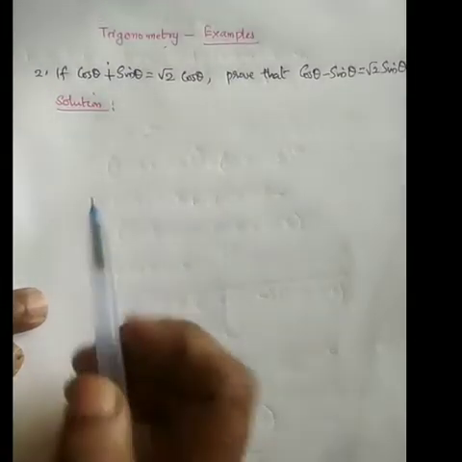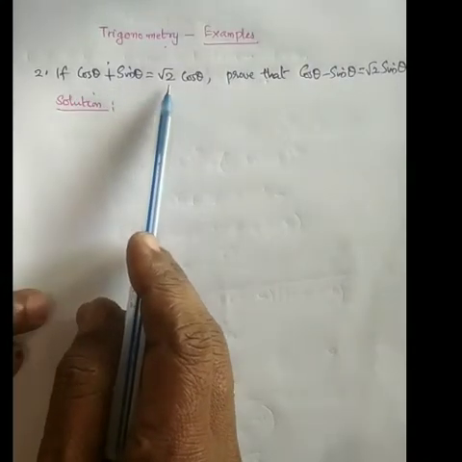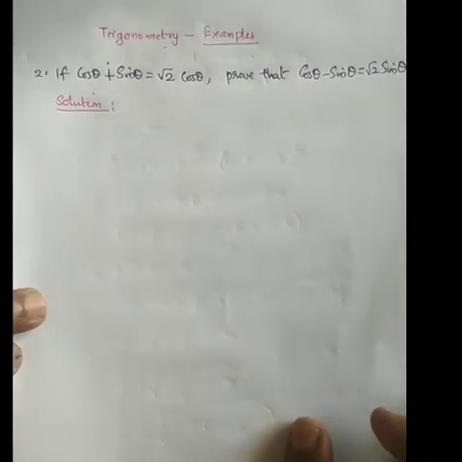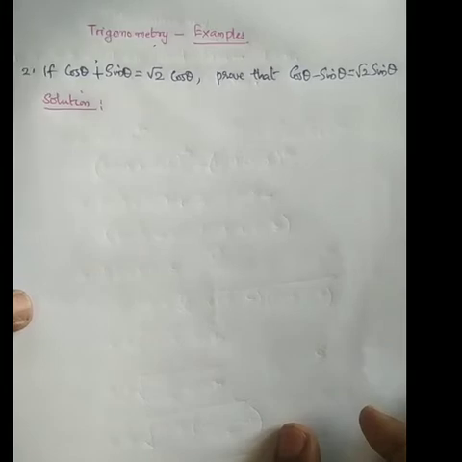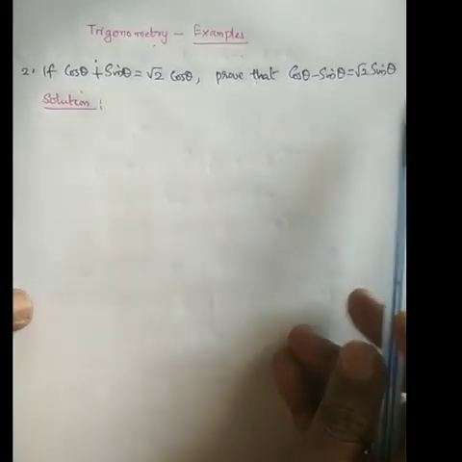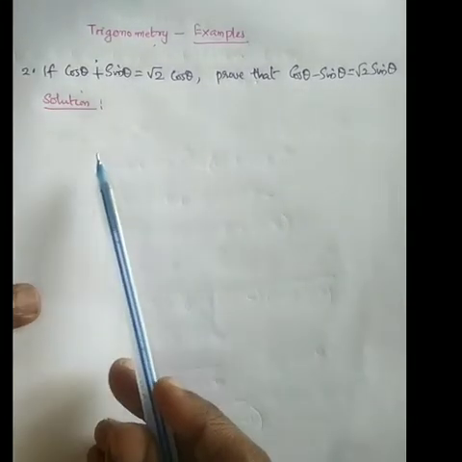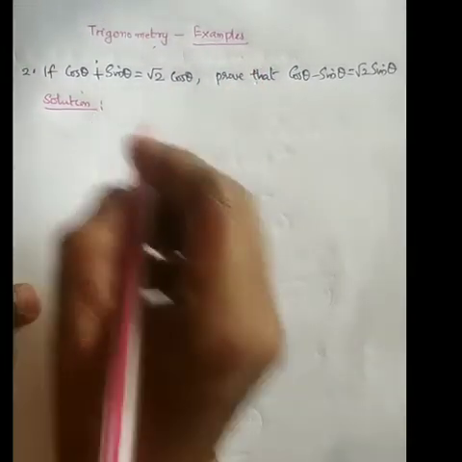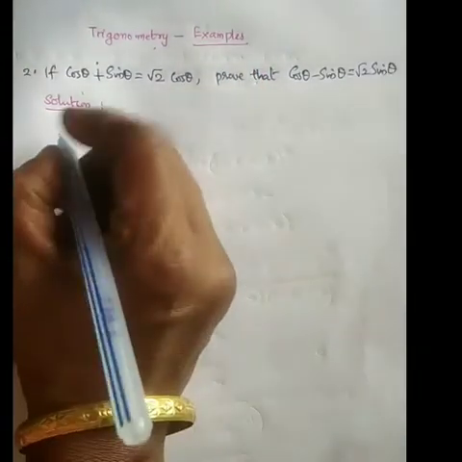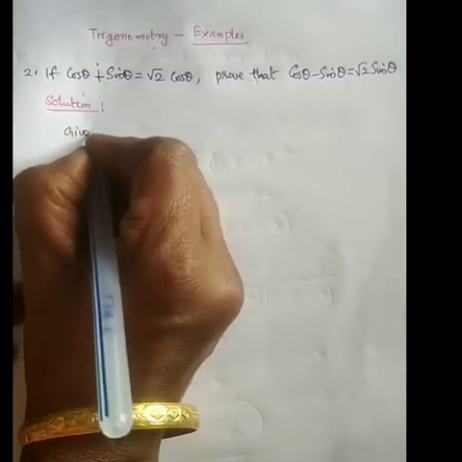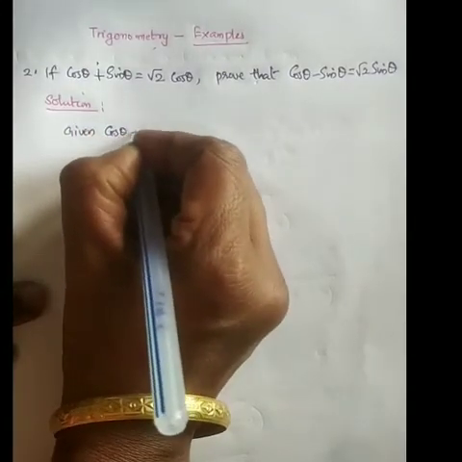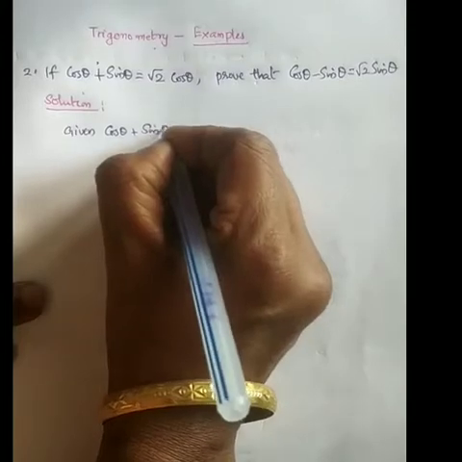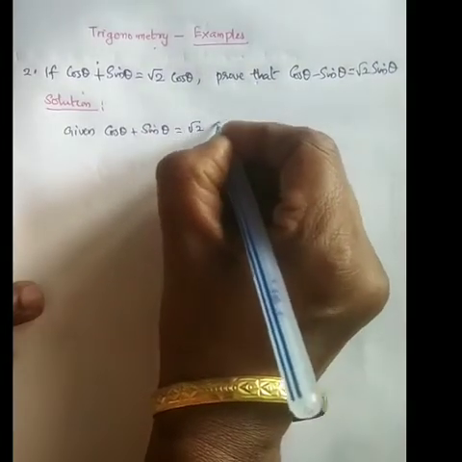See, second one. If cos theta plus sin theta equal to root 2 cos theta, then prove that cos theta minus sin theta equal to root 2 sin theta. Solution of the problem given: cos theta plus sin theta equal to root 2 cos theta.